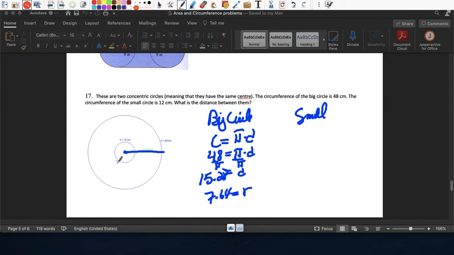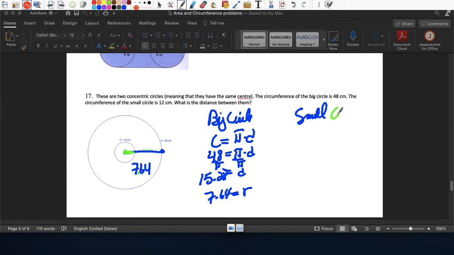So, of the big circle, the radius is 7.64. That's the distance from the center all the way to the edge. Now I'm going to find, and I'm going to put it in green, this distance right here, which is the radius of the small circle. And if I subtract it from 7.64, we get our difference.